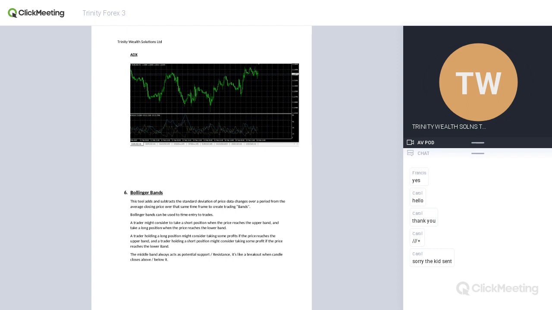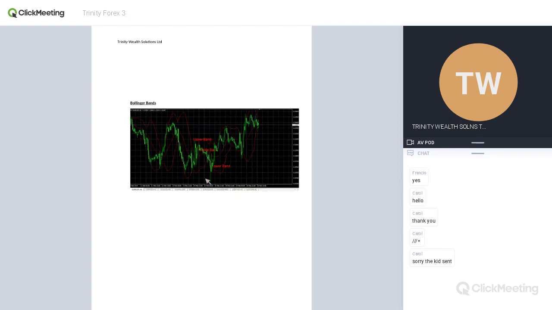A trader holding a long position, that is a buy, might consider taking some profits if the price reaches the upper band, and a trader holding a short position might consider taking some profit if the price reaches the lower band. The middle band always acts as a potential support and resistance. It's like a breakout when a candle closes above or below it. These are how the Bollinger Bands are done: the upper, the middle, and the lower.